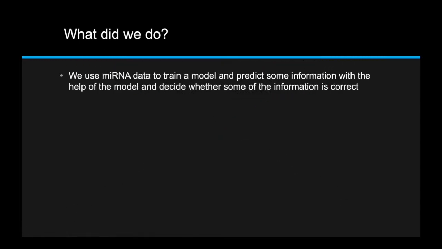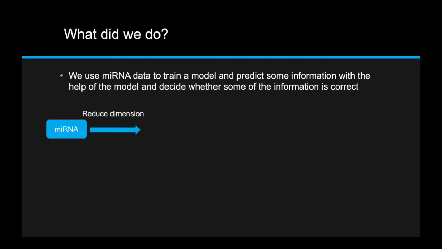In a word, we just use the mRNA data to train a model, predict some information with the help of the model, and decide whether some of the information is correct. Firstly, we have mRNA data, and I will show the format of the data later.